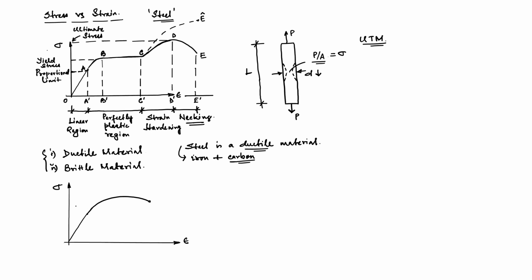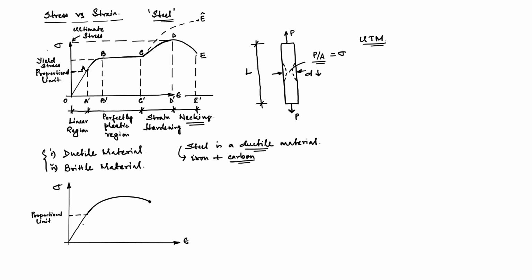So, this is again the proportional limit, and beyond this the material does not behave linearly, and then it follows this type of typical stress strain path.